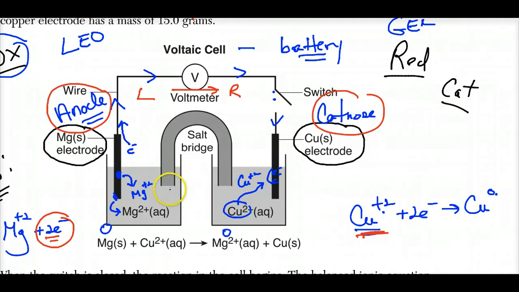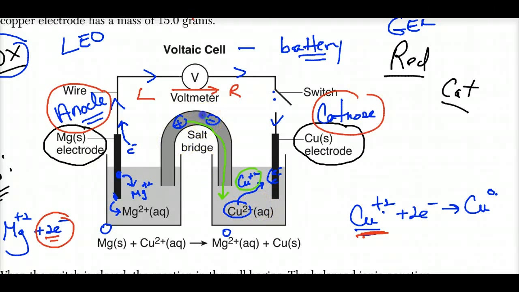The battery does not work unless we have ions that can flow to counteract these increases or decreases of ions. So what the salt bridge does, it has positive and negative ions of a salt, and the positive ion in this salt is going to come down here and move and replace the positives that are lost, to keep this beaker from getting what?